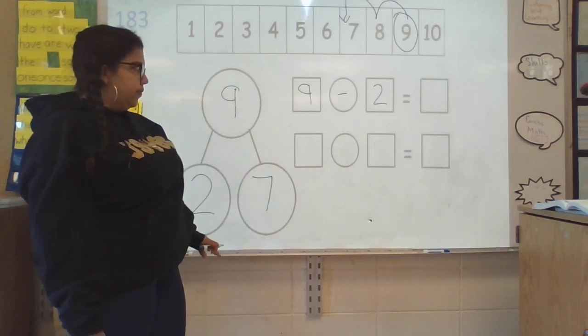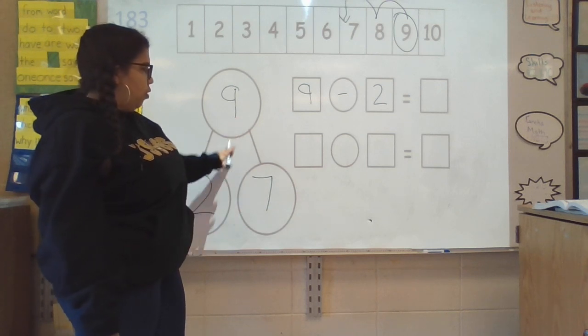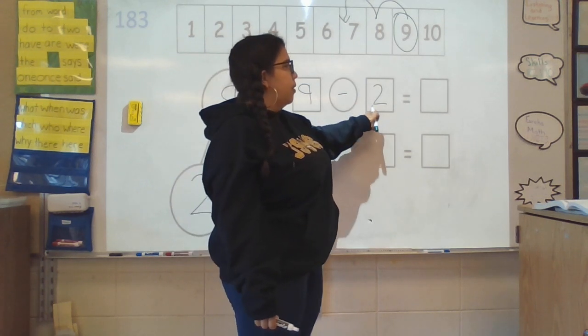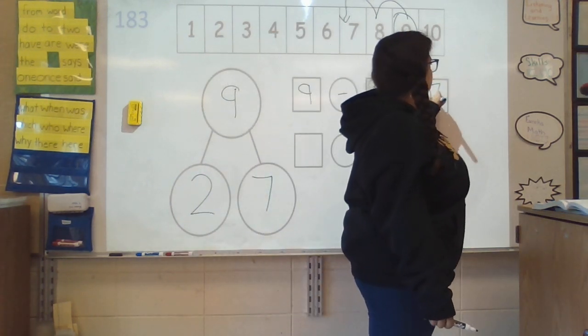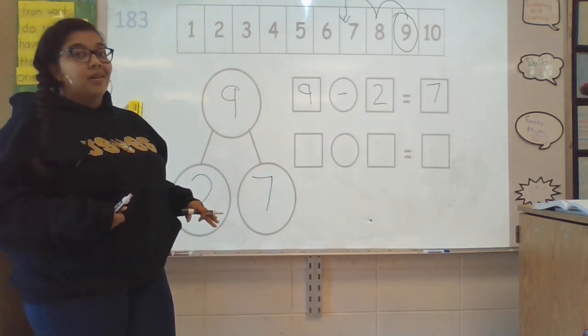Okay, so if this is whole, and this is part, and whole minus part equals part, this means that 7 should fit in this box and make a true number sentence.